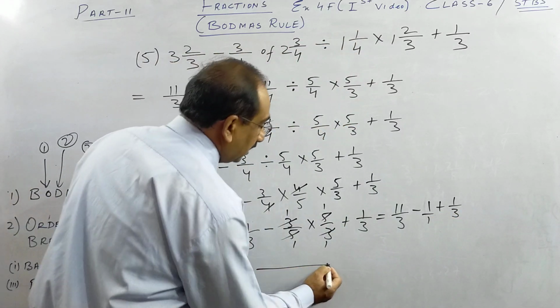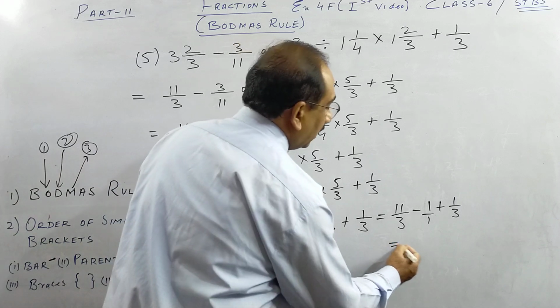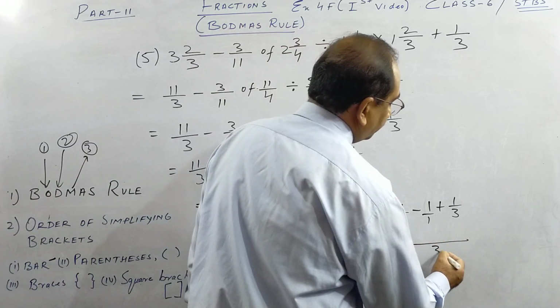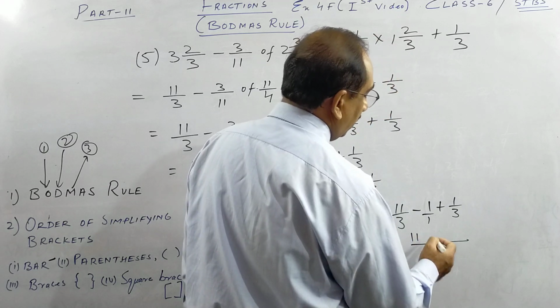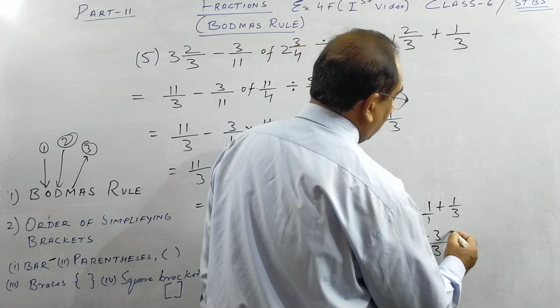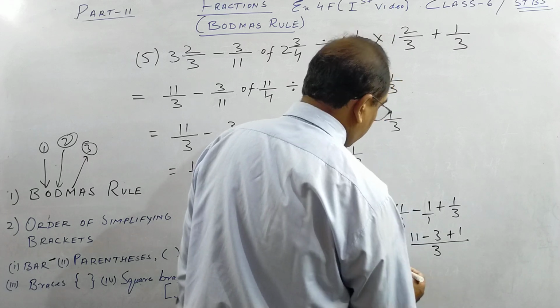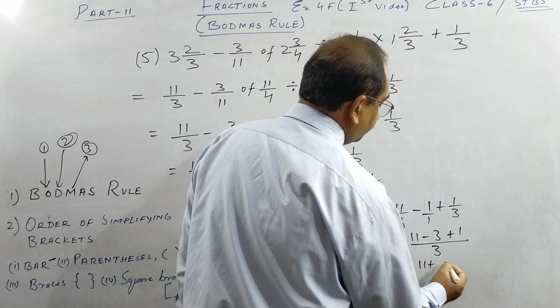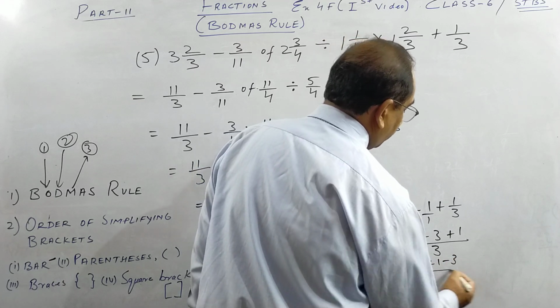So take LCM. Take LCM as 3. 1 and 3 is 3. 11, 1 will go 3 times. And this is there. So what we get is 11 plus 1 by 3.